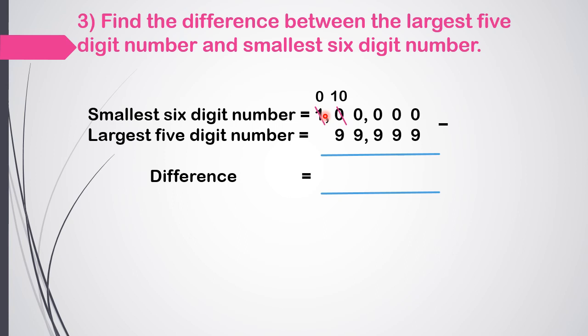So here 0 changed to 10. Now this 10 is going to give 1 to the previous number, so 10 changed to 9. This 0 becomes 10. Now this 10 gives 1 to the next digit, so it changed to 9. This 0 changed to 10. Then this 10 gives 1 to the next digit, so it becomes 9, and here it becomes 10.